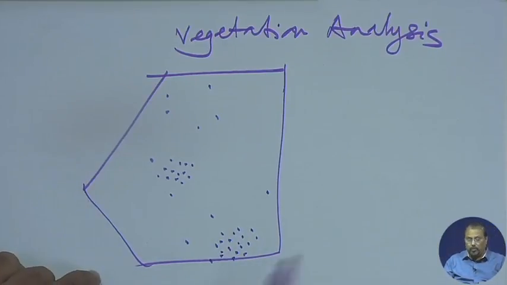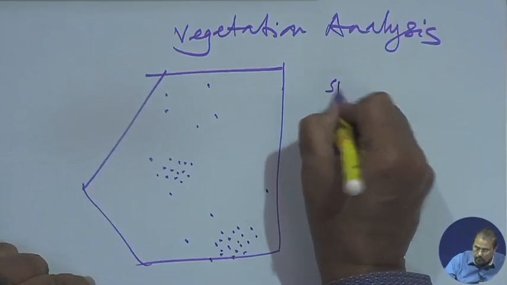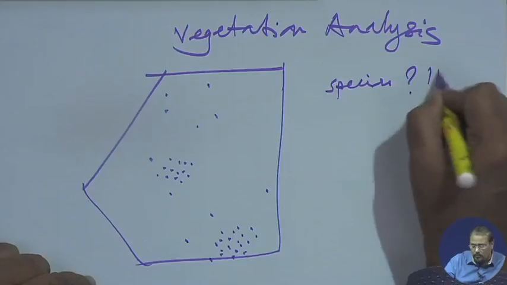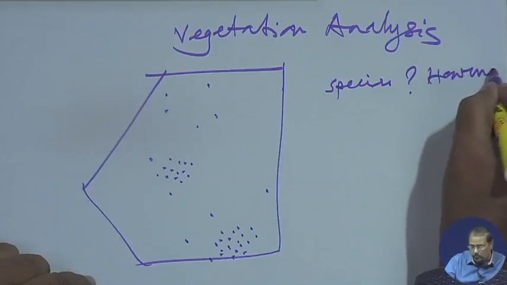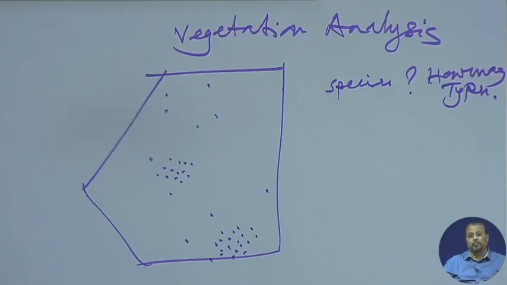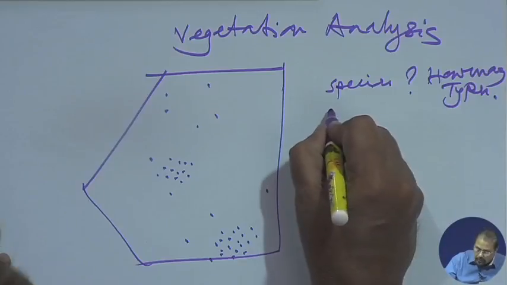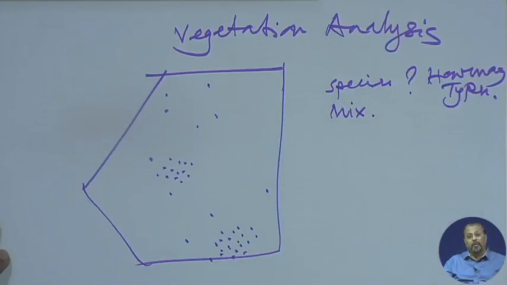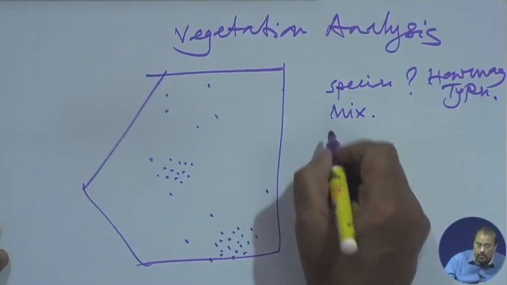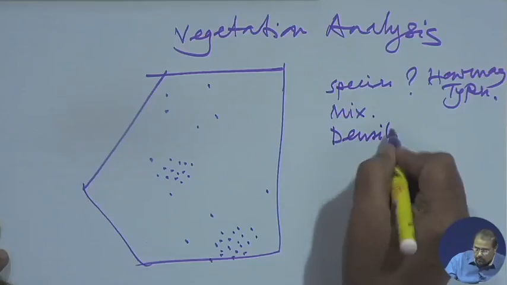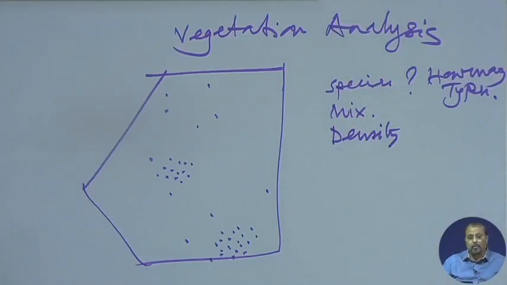What you are trying to find out is, what are the species? How many types of species are there? That you try to find out. If there is more than one, then what is the mix? That means, what is the proportion of the mix? How are they clustered? Then how is the density? How are they placed?